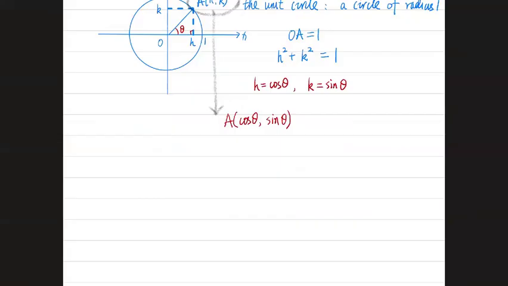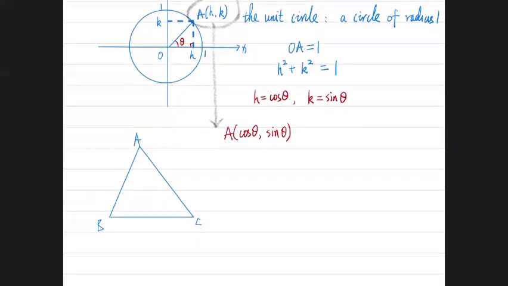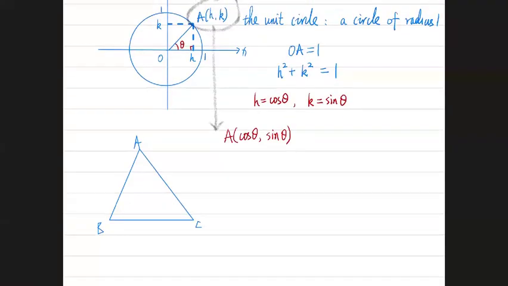Let's consider a general triangle, not necessarily a right triangle. Make it more general. That's not a right triangle: A, B, C. Now I will draw a perpendicular line from A to BC.